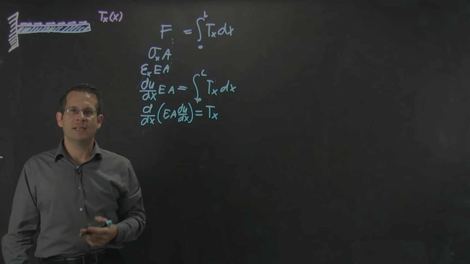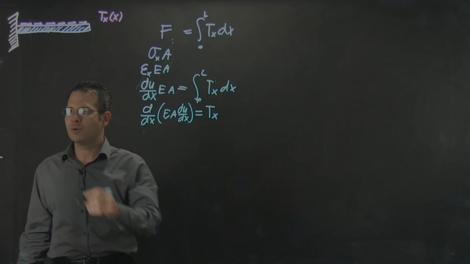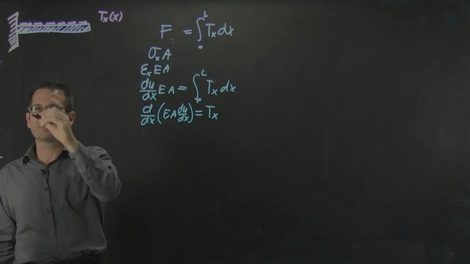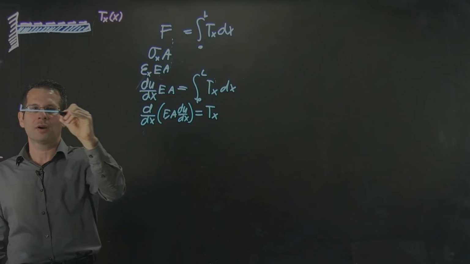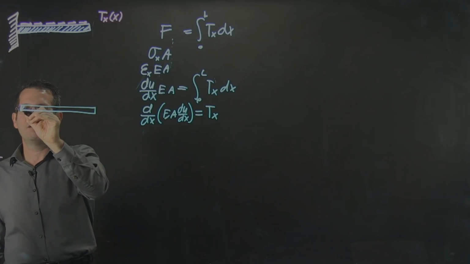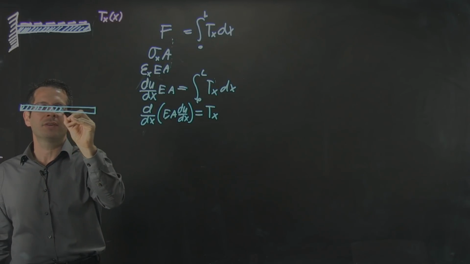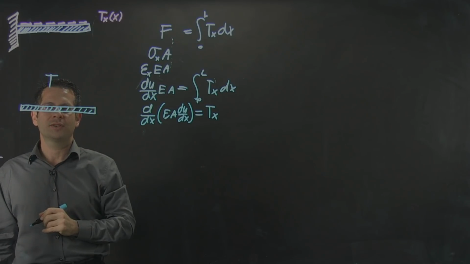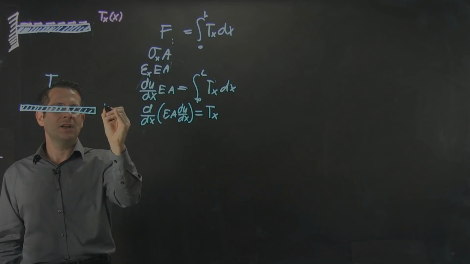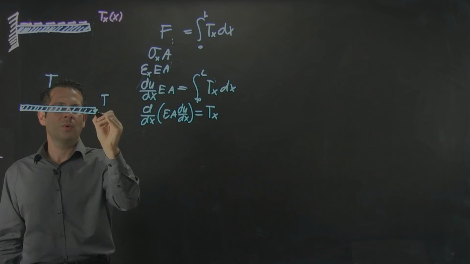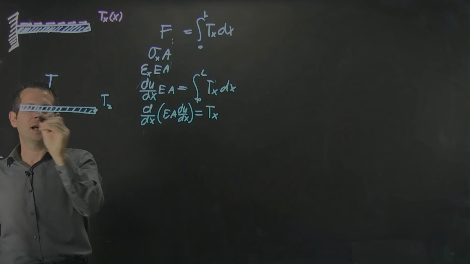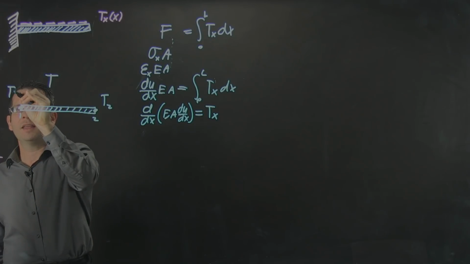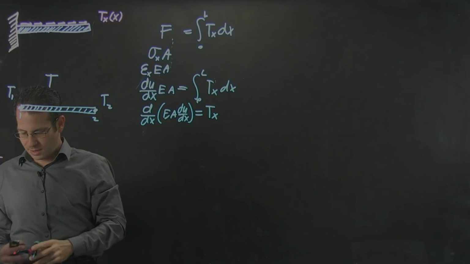But now let's look at a different problem. Suppose instead of a bar that's being stretched, suppose I had a bar of various temperatures, and rather than displacement, it's the temperature of the bar that I'm interested in. Let's say that I know the temperature at this point, we'll call point 2, T2, and I know the temperature at this point, we'll call T1.